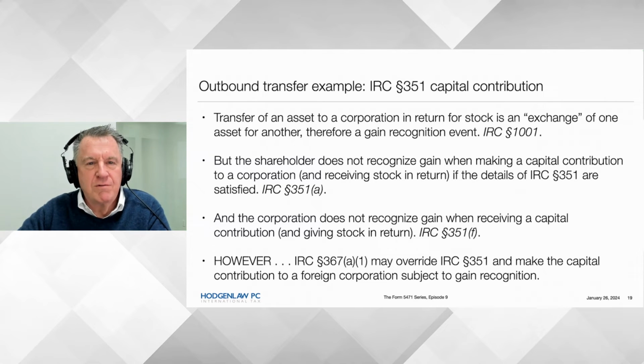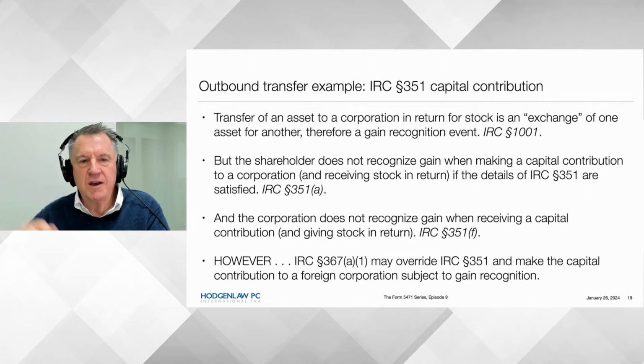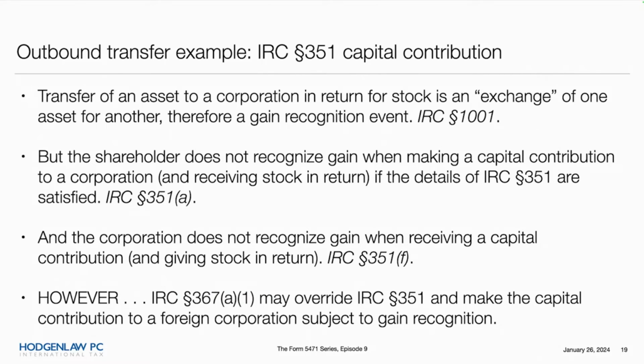So Section 351, just in the domestic context, says I give a corporation money or property. I get stock in return. There are a bunch of other requirements. And if that happens, it's a non-recognition event for the shareholder, me, and it's a non-recognition event for the corporation.